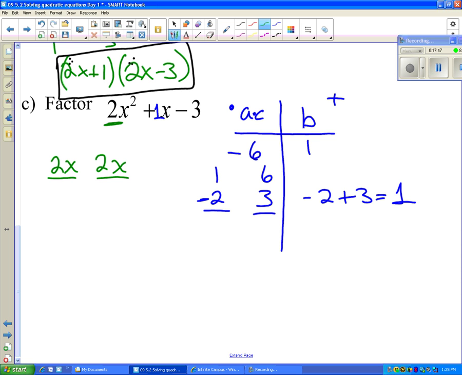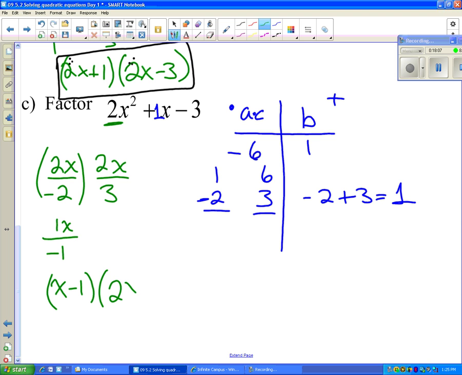I want to put my two factors underneath. This one reduces. 2 goes into 2 once, so I have 1x. 2 goes into negative 2 once, so I have negative 1. So this is the factor of x minus 1. I don't need to reduce that, so that is the factor 2x plus 3.